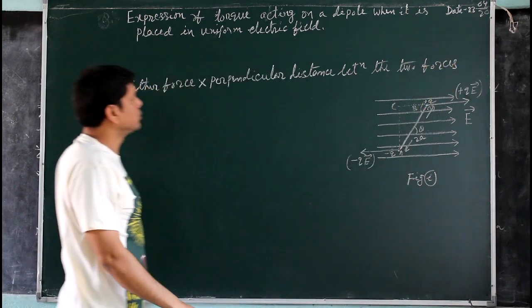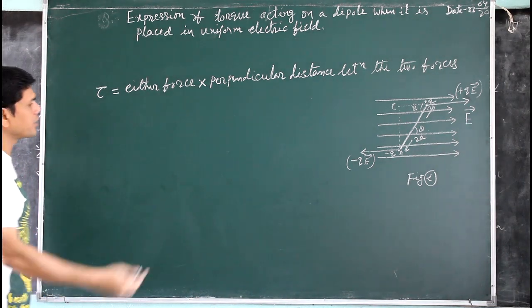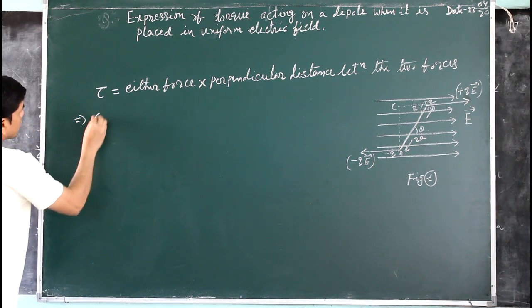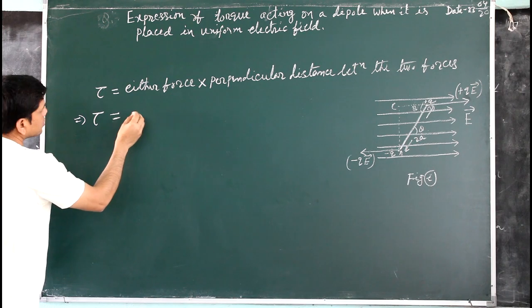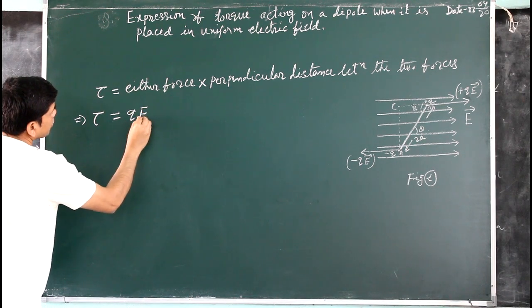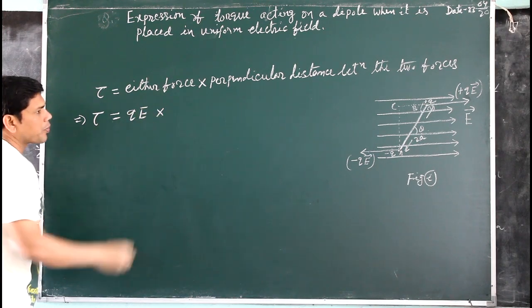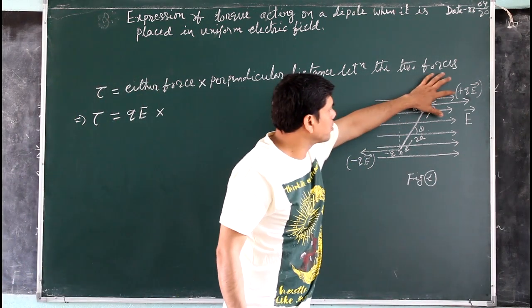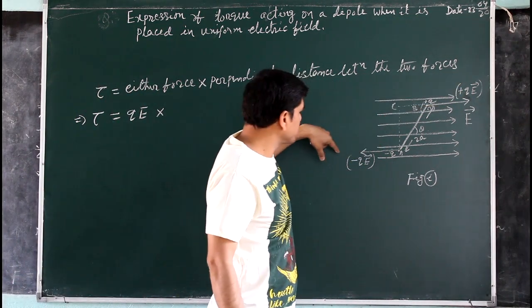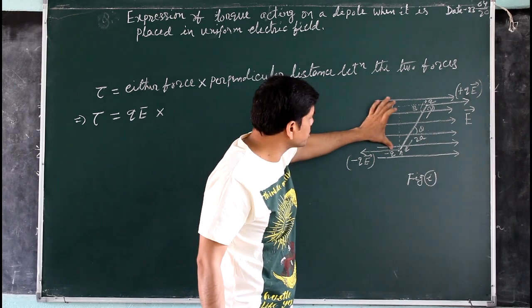So tau equals, let this force be QE, into the perpendicular distance between these two forces, plus QE along this direction and minus QE along this direction, this much, CA.